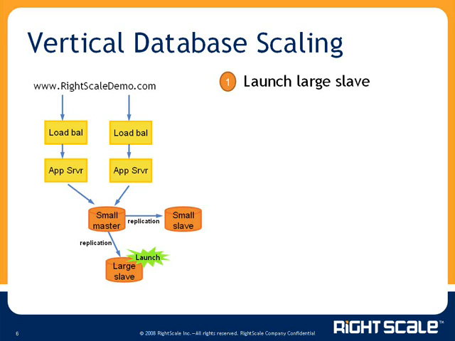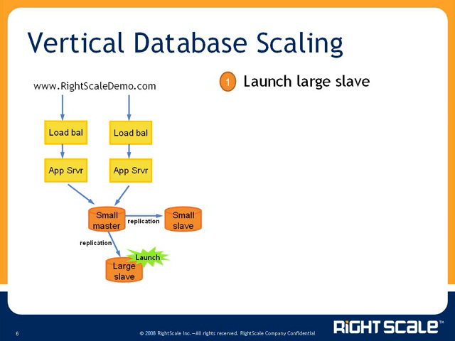When we started, we were budget conscious, so we launched them on small instances. Those are half-core, 1.75 gigabytes of memory EC2 instances. And things are getting hot, so the master is starting to get somewhat overloaded, and we want to upgrade to larger instances.